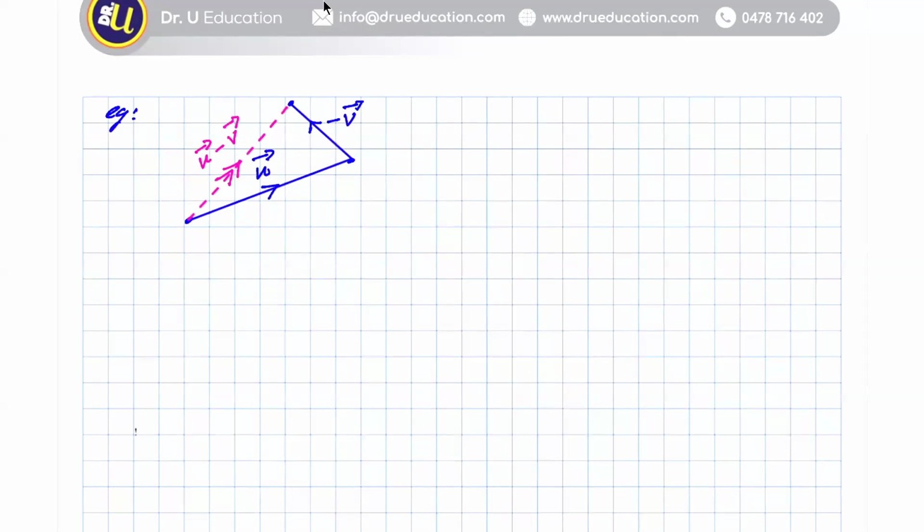Now, with your knowledge, you can reverse this vector. If you reverse this vector, the resultant is going to be from here to here. So this would now be your V vector, positive. So now if you think about this vector, using vector addition means what? You are going from here to here, and then from here to here, and then the addition is this. So that would be U vector plus V vector.